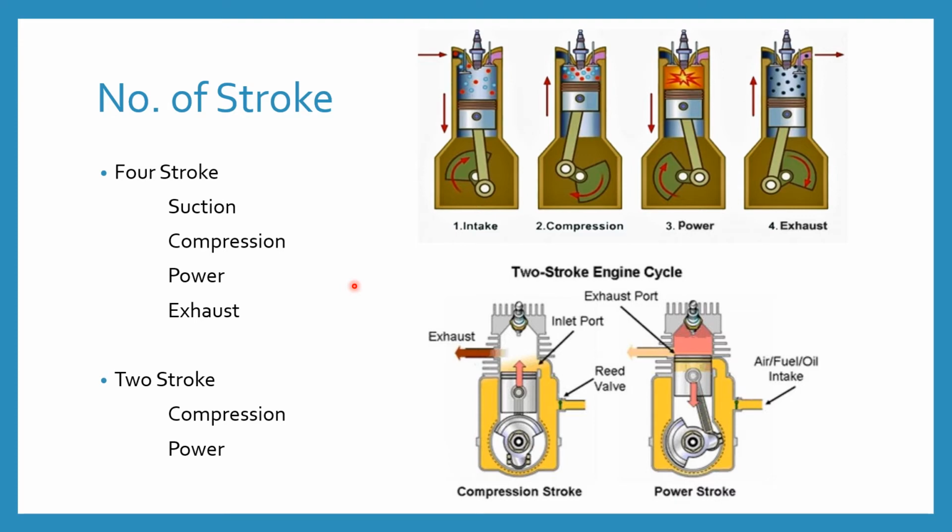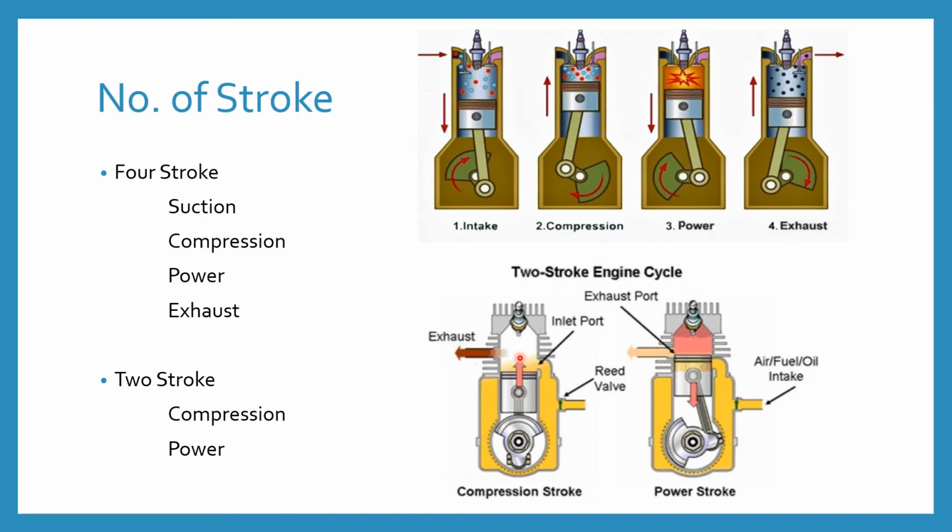According to this, the engine can be called a 4-stroke engine. The other is the 2-stroke, that is the compression stroke and the power stroke, where compression occurs and the exhaust occurs. Here is the picture of the compression stroke.